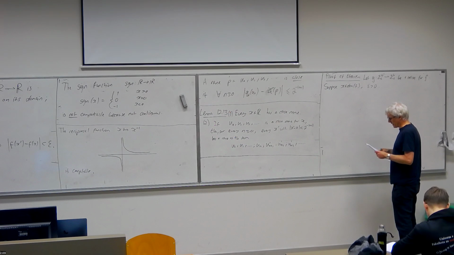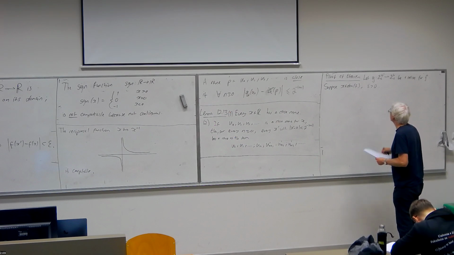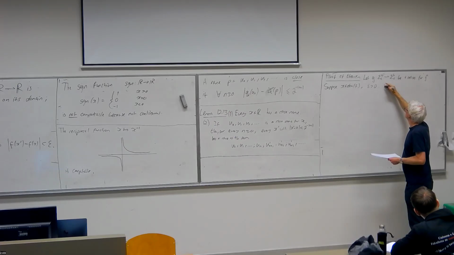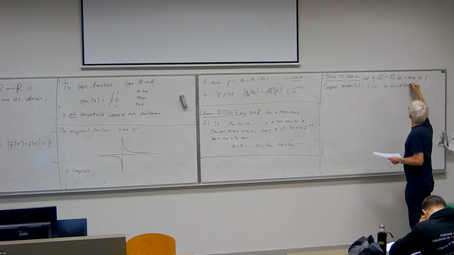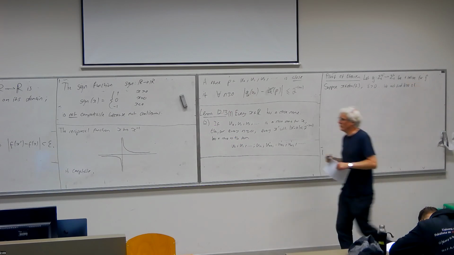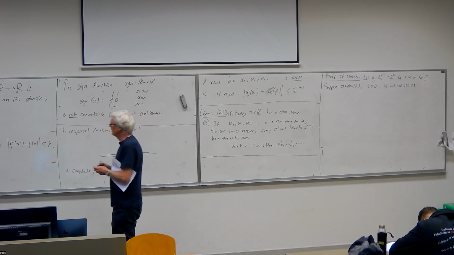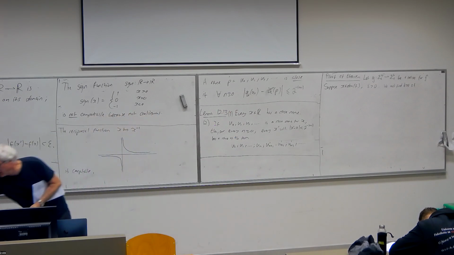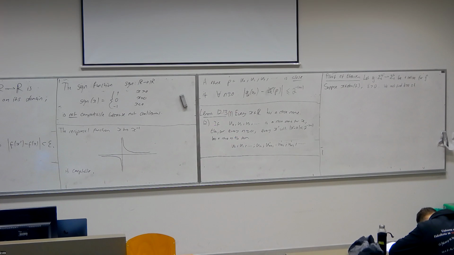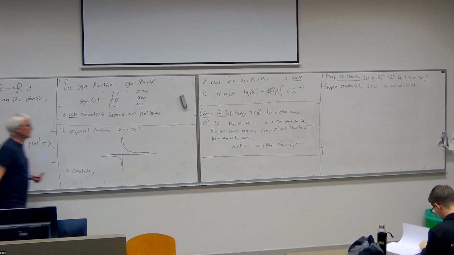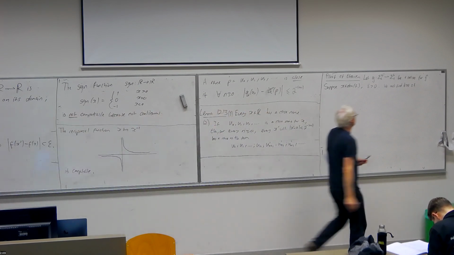And we must find delta greater than 0 such that, for all x prime in the domain of f, if x prime is within delta of x, then f of x prime is within epsilon of f of x. Let's call this star.